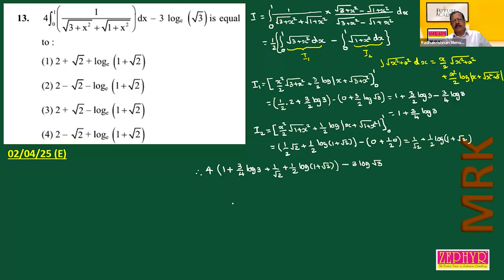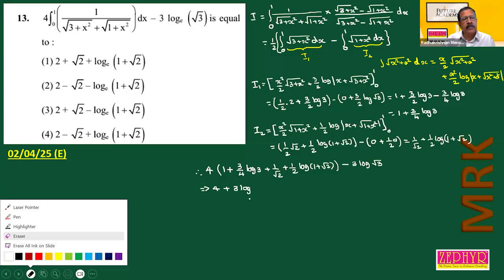Okay, simplify this. This is equal to 4 into 1, 4 plus 3 log 3, simplification. That's all.